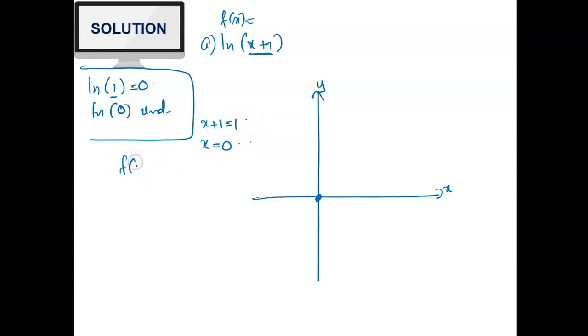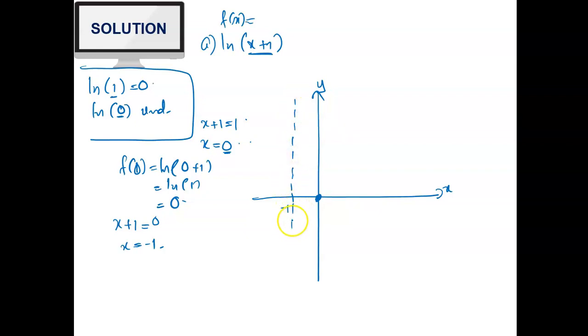Try again: now x equal to 0, f(0) equal to natural log of 0 plus 1, equal to natural log of 1, and it is equal to 0. When x equal to 0, y equal to 0, it intersects here. Then let's compare with x plus 1 equal to 0, where x equal to negative 1. Meaning at this point, x equal to negative 1 is a vertical asymptote of the graph.